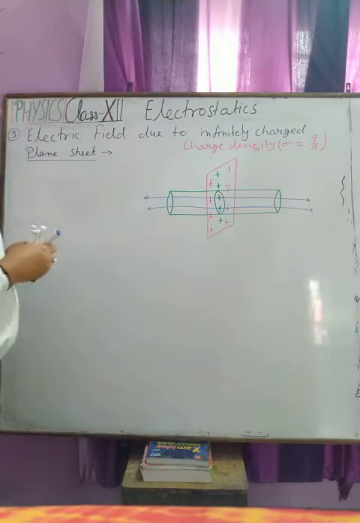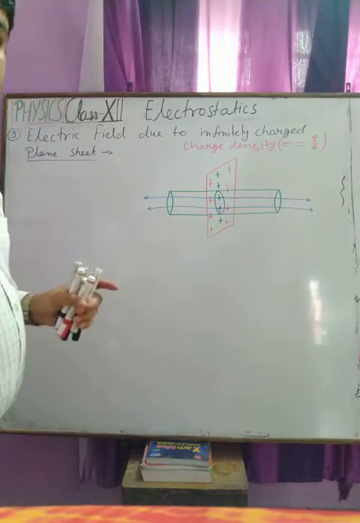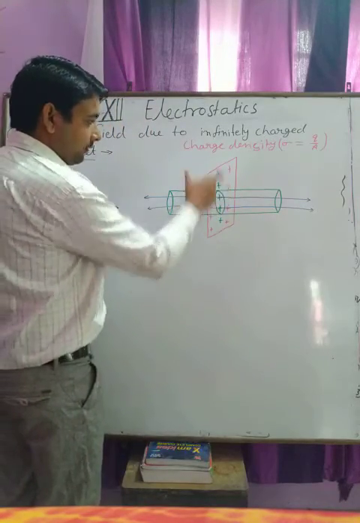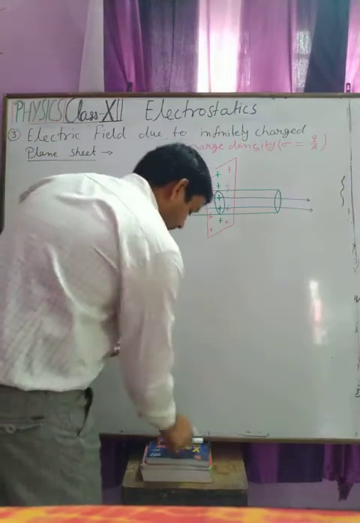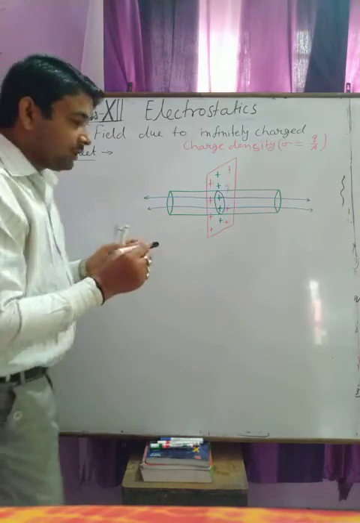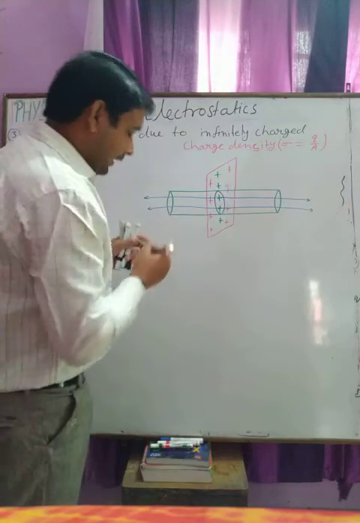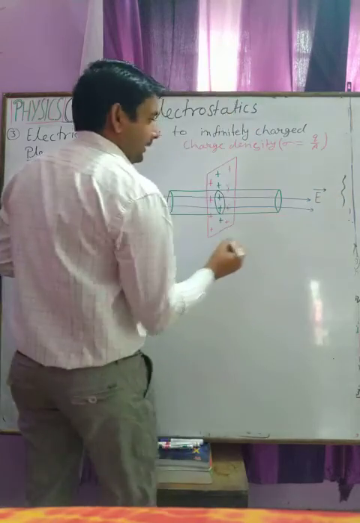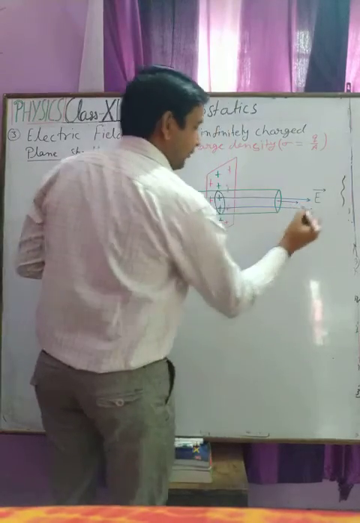Okay, now for this particular charge sheet we need to calculate the electric field. First we specify the angle between the area vector and the electric field. This is the electric field, and the area vector for the flat surface is in the direction of the electric field.